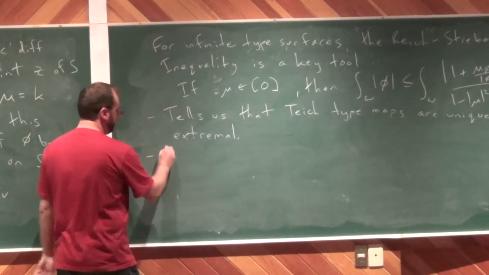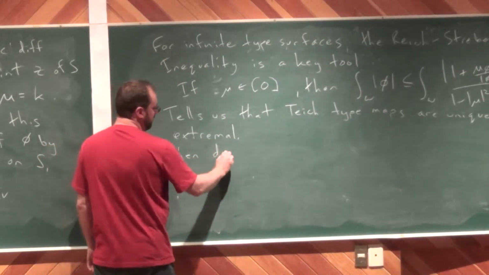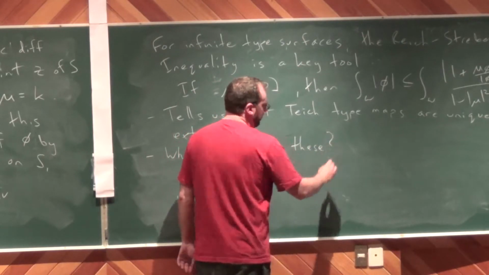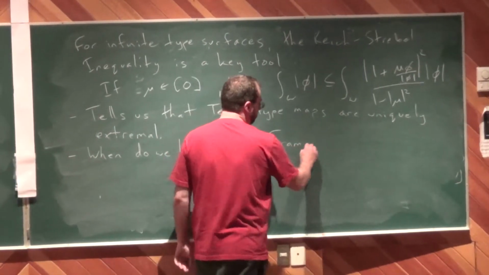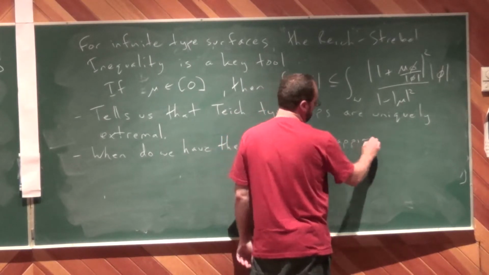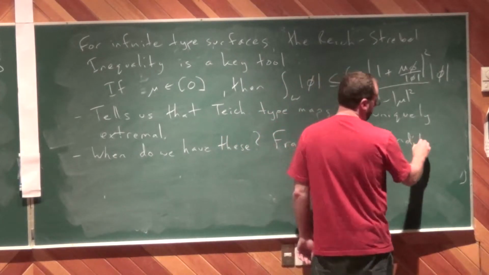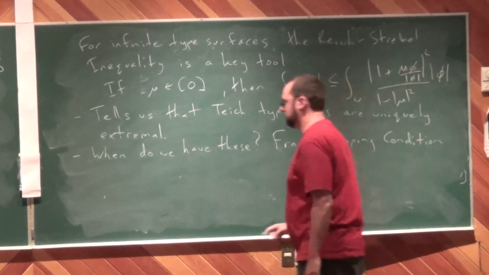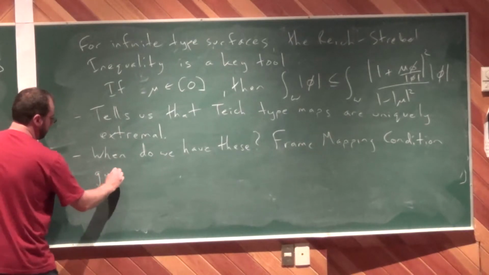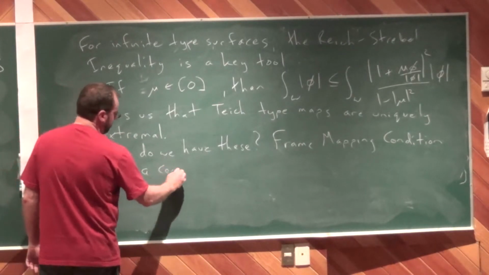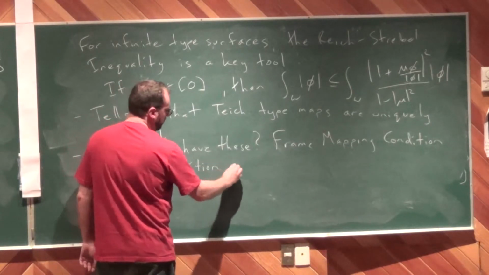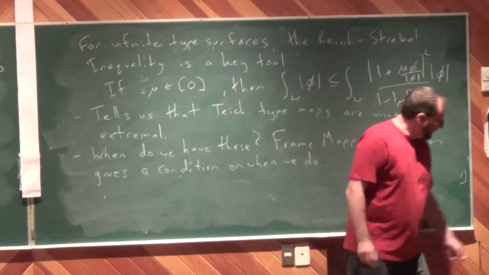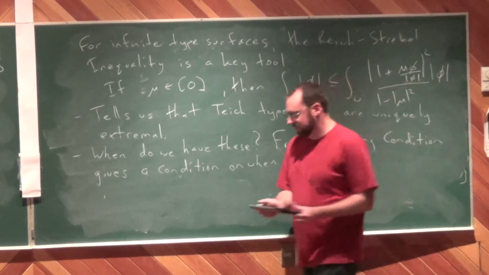Okay, when do we have Teichmüller type maps? Well, the frame mapping condition tells us where. Okay, so I'll write this down.